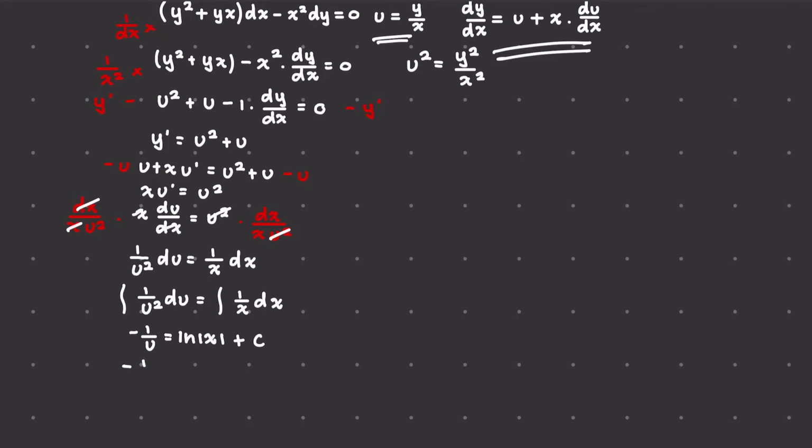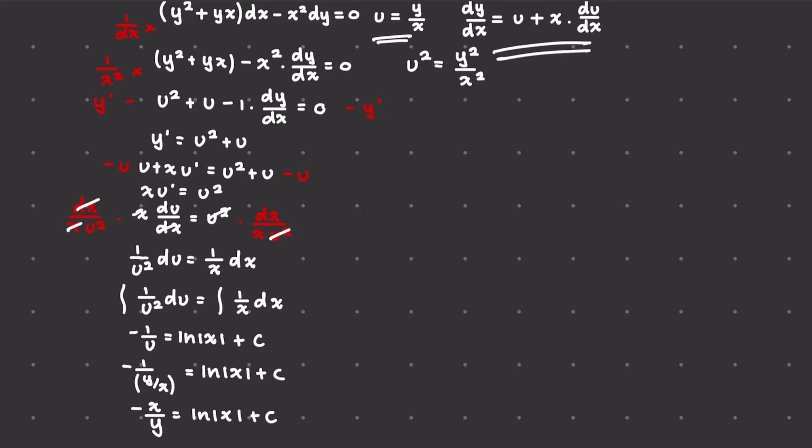So negative 1 over y over x here equals ln x plus c. And we know that negative 1 over y over x gives us negative x over y, equals ln x plus c.